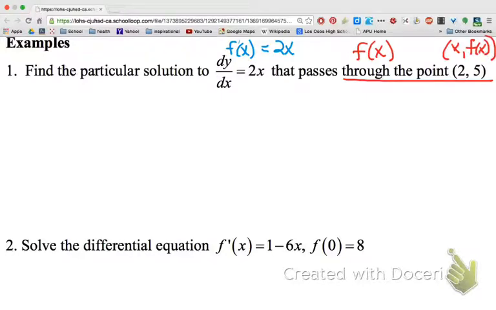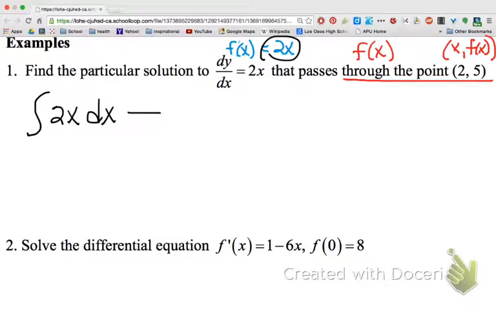So the first thing I'm going to do is integrate my function that's in derivative form.